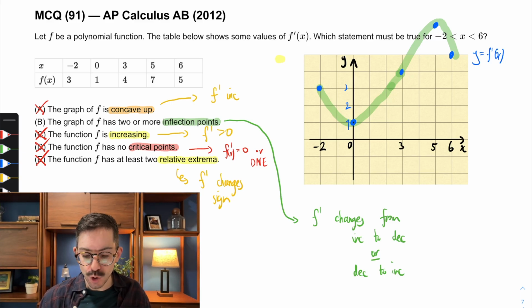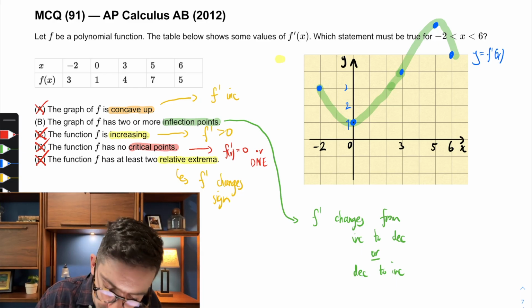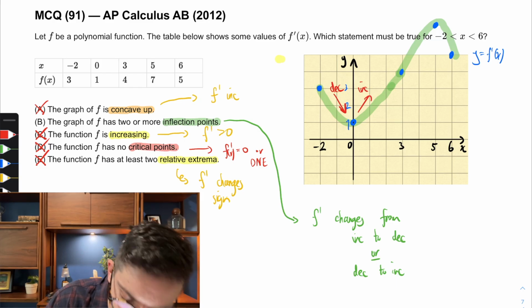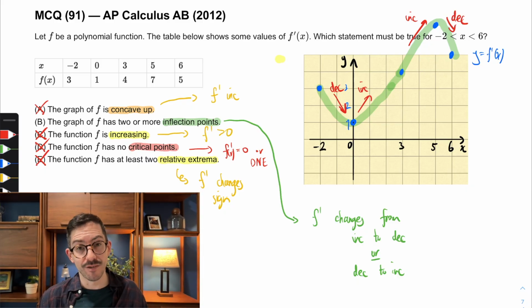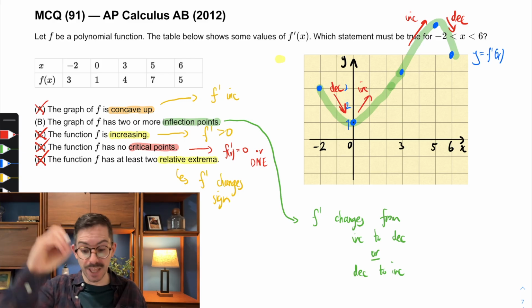So you can see I have a change in behavior of f prime. F prime is decreasing, and then it has to start increasing. It might do something a lot more complicated, but it has to go from decreasing to increasing to hit those 3 consecutive points. Similarly, up here, I have to go from increasing to decreasing for f prime in order to hit those 3 points.